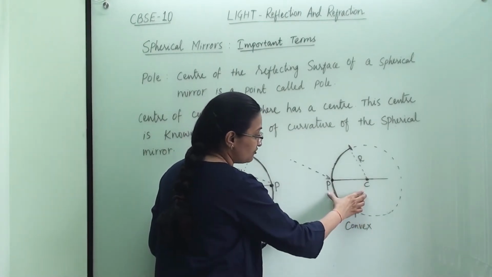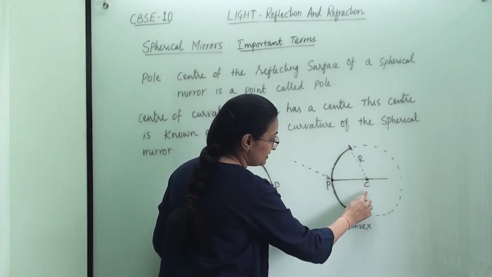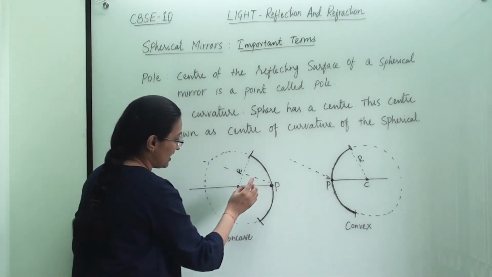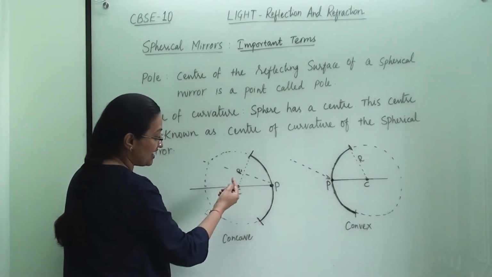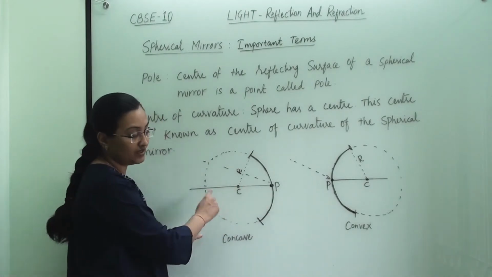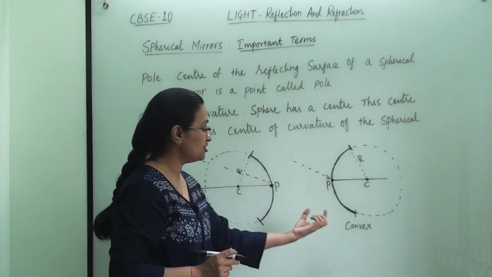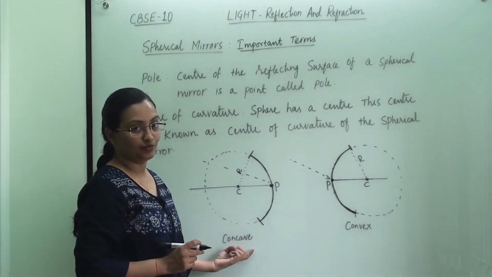So the center of the curvature lies behind in the convex mirror and before the spherical mirror in the concave mirror. That is the basic difference between the convex mirror and the concave mirror.